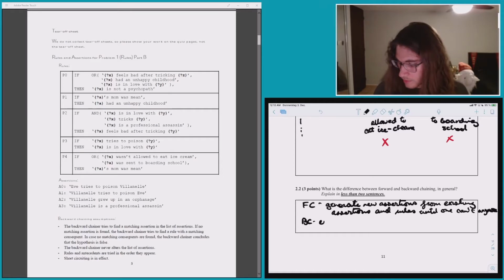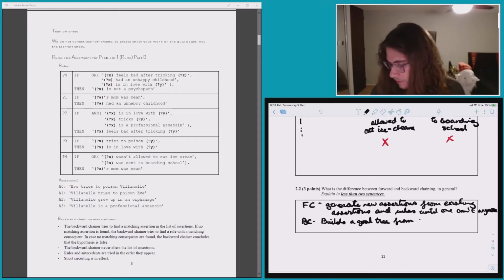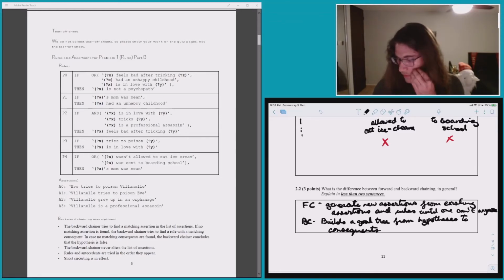So backward chaining builds a goal tree from hypothesis, if you're trying to prove one hypothesis, to consequence, antecedents, and assertions, but I'm just going to say consequence and assertions.